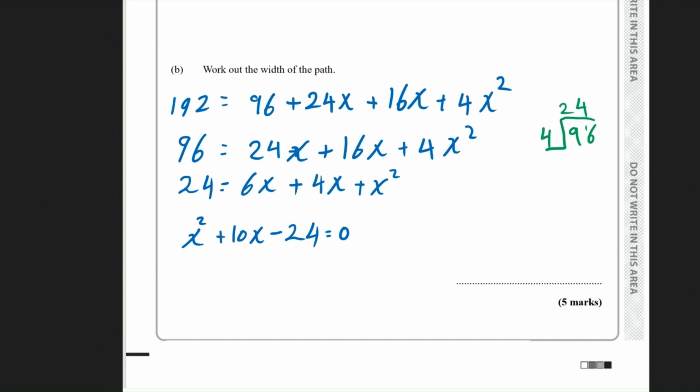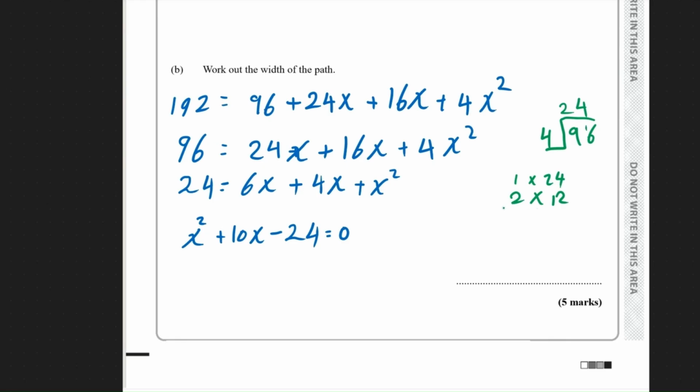Now we need to find two numbers that multiplied together become 24. What are these two numbers? If we say 1 times 24, this doesn't work because we need to get the middle number, which is 10. So try other numbers. 2 times 12. If added together, it becomes 14.